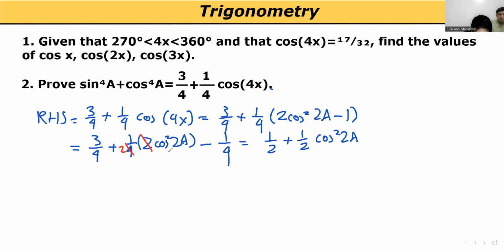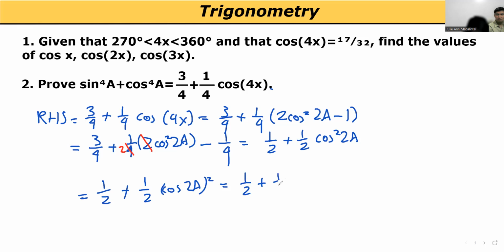Maybe we can put this under one roof. What if I just simplify first? 1/2 plus 1/2 cos 2a squared.